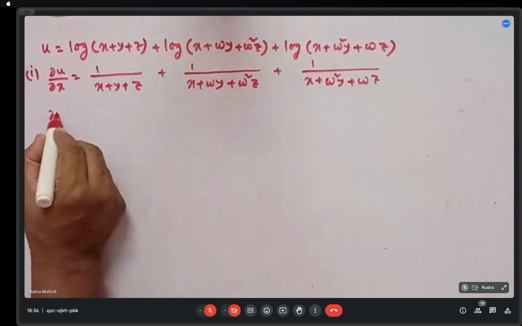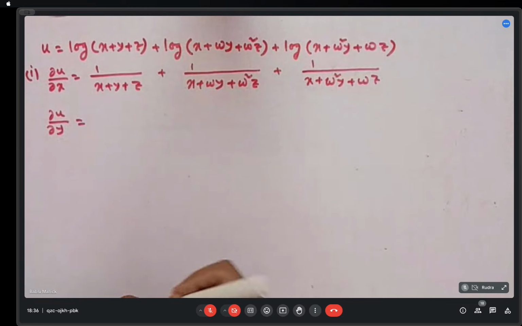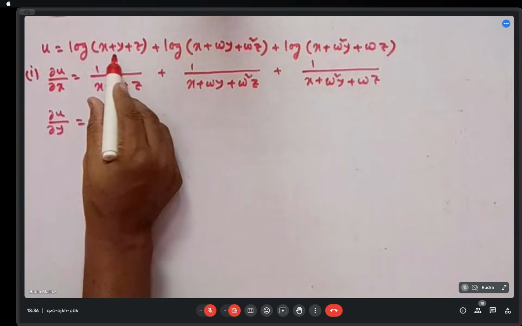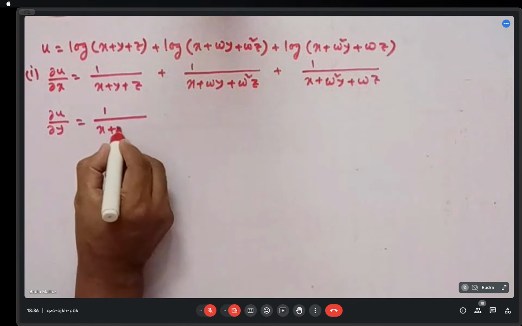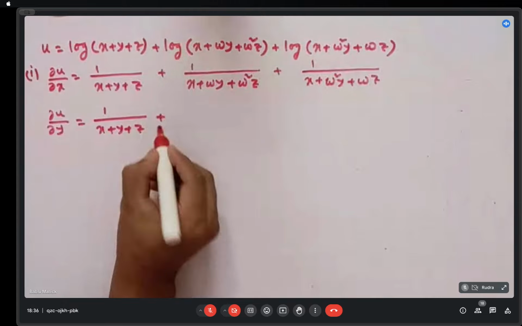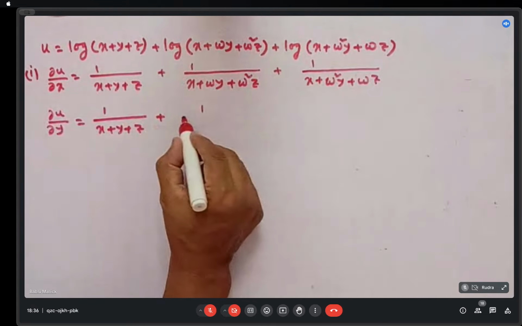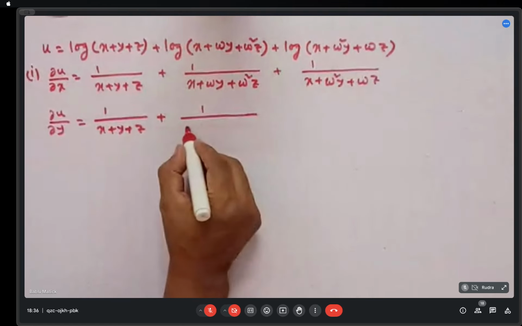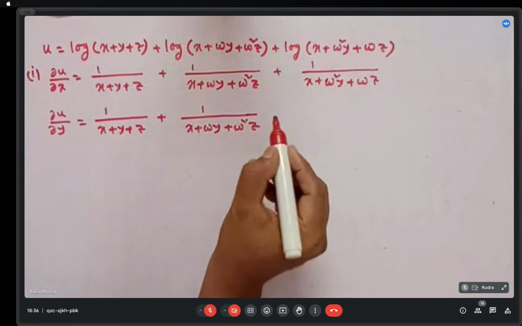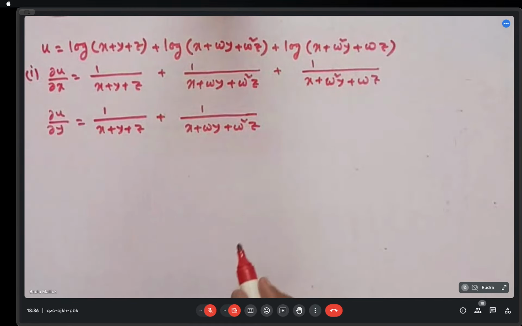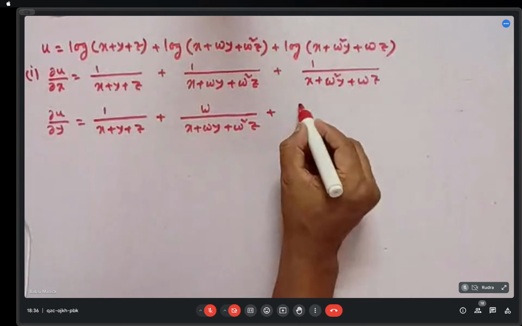Similarly, del u del y মানে with respect to y derivative, so it is 1 divided by x plus y plus z plus with respect to y derivative মানে derivative log is 1 by x plus omega y plus omega square z into this is omega plus it is omega square divided by x plus omega square y plus omega z.